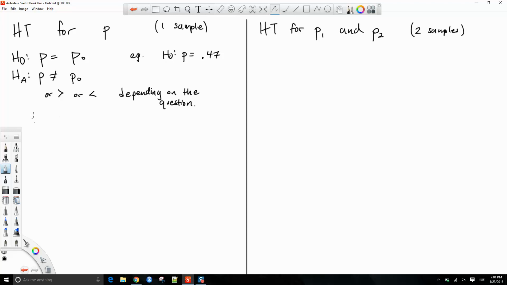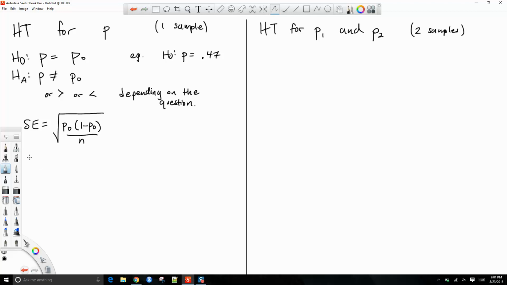All right, so you're going to do standard error. We've got P0 times 1 minus P0 divided by n. Make sure you're using P0 when you're doing a hypothesis test and P hat when you're doing a confidence interval.